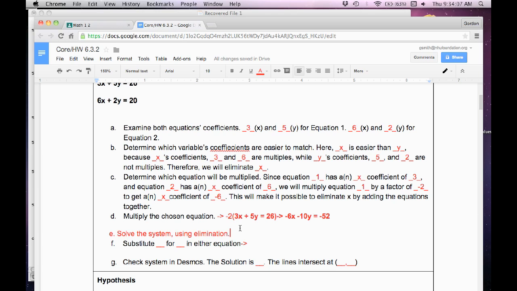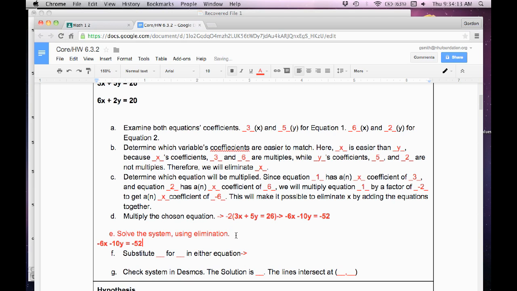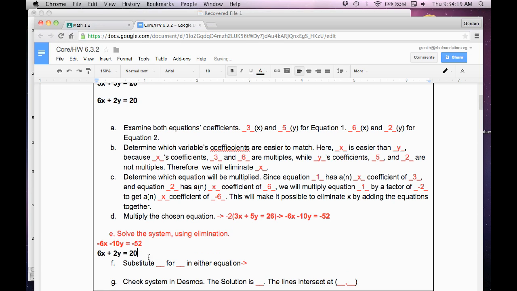Okay, so we've got this equation, and then we've got this equation. And what we'll do is we will add them together. We can even put an underline here to show that we are indeed adding.